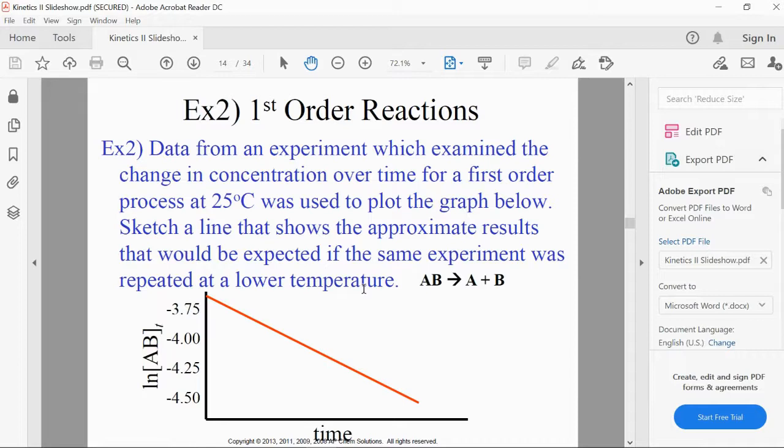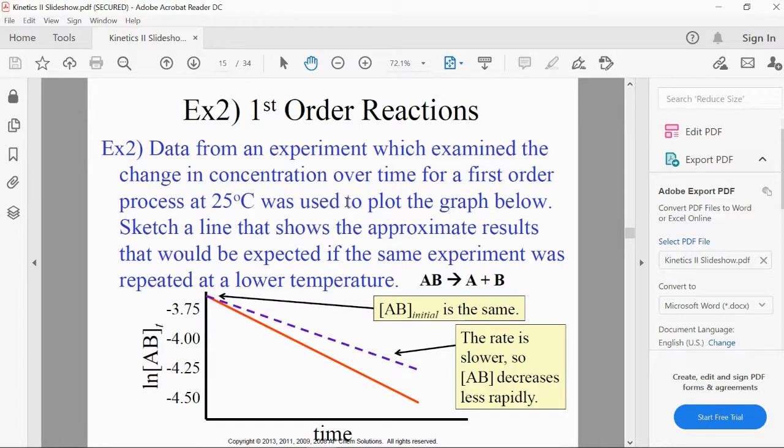And so how does that translate in terms of how natural log [A] changes with respect to time? We get the fact that [A] decreases less rapidly. It's going to change less rapidly because we lower the temperature, therefore slowing the rate. And so that would be sketching, adding that graph on top of there, sketching what would happen if you lower the temperature.